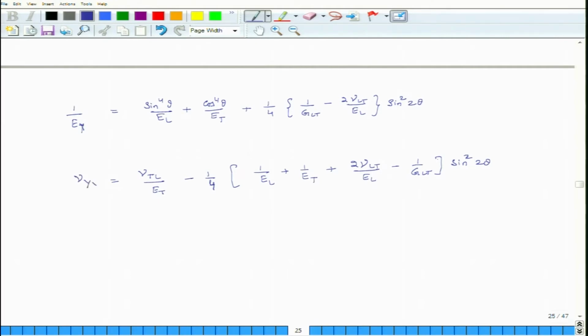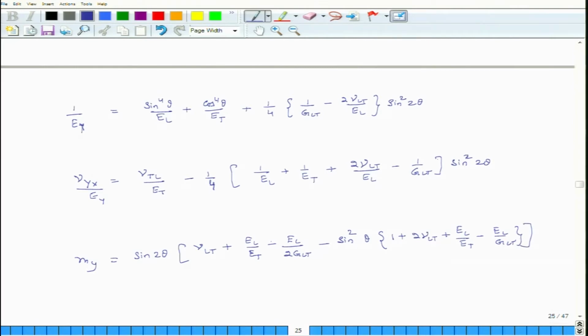This is nu yx divided by Ey, and then the cross coefficient My equals sin 2 theta times this entire thing: nu LT plus EL over ET minus EL over 2 GLT, minus sin square theta, I am sorry, sin square theta times 1 plus 2 nu LT plus EL over ET minus EL over GLT.